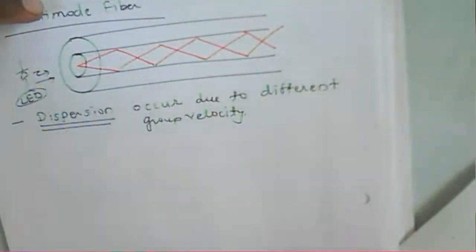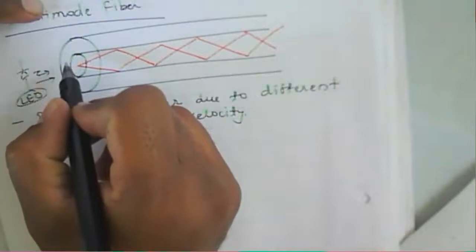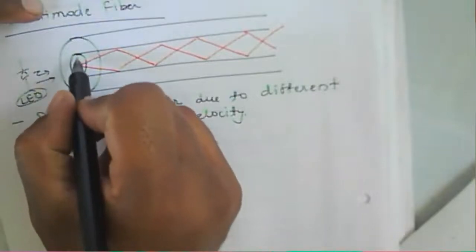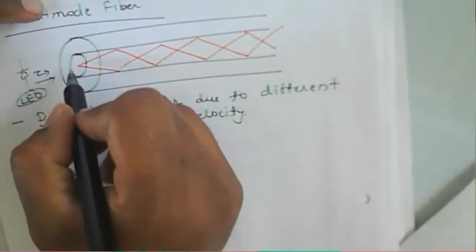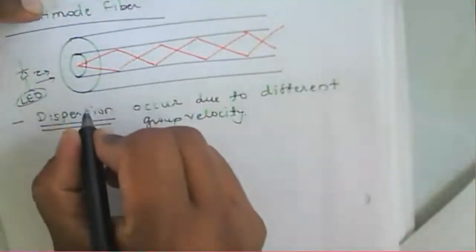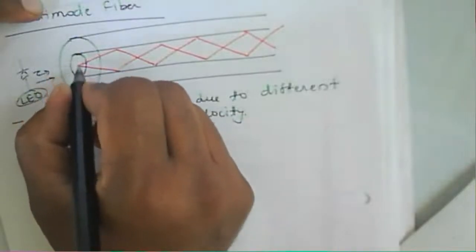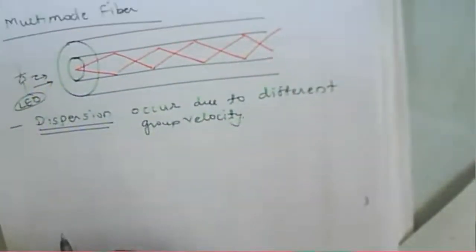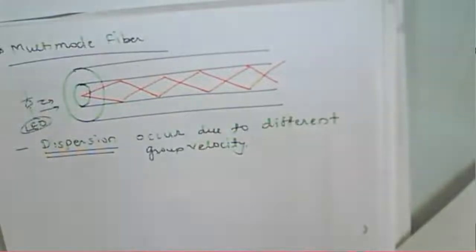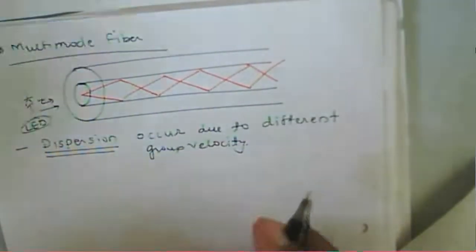And then we can consider that the diameter is large, and the numerical aperture is large there. Because of these parameters, the number of guided modes depends on the diameter of this fiber, as well as on the wavelength of the signal that is launched into the fiber there.